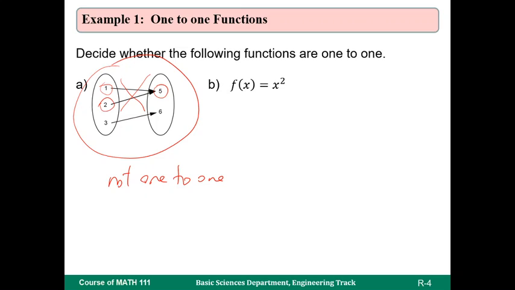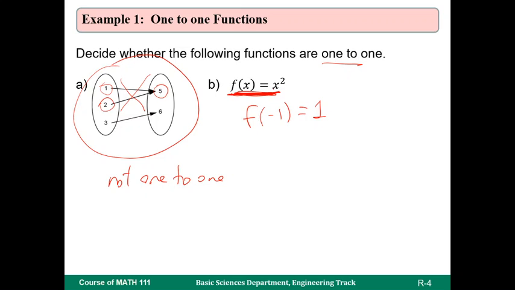And look at this one here. This is not easy to see from the formula of the function. If the function is given this way, it's hard to show it's one-to-one, but it's easy to show if it is not one-to-one. Since it's x squared, you can put a negative number here, -1.